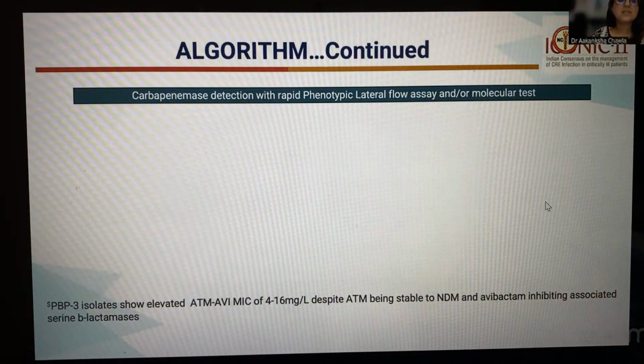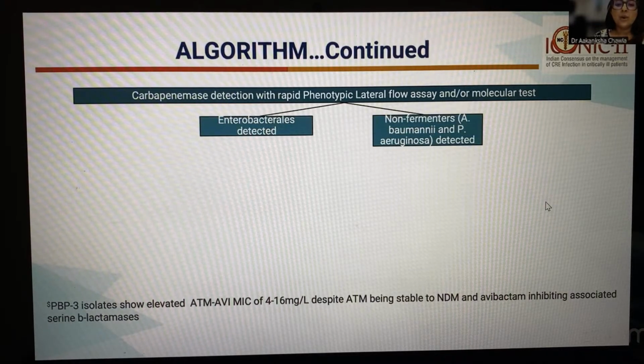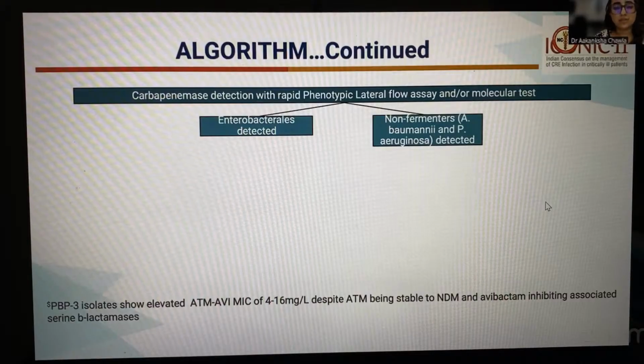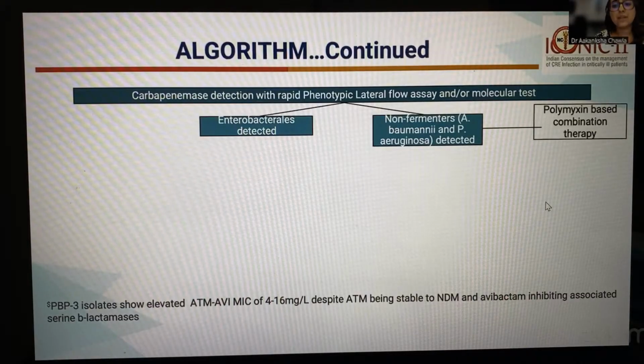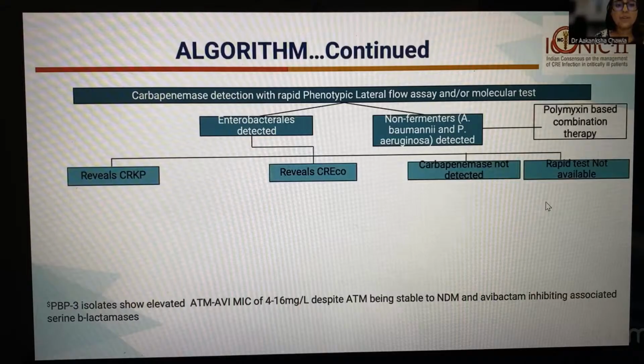So to summarize, when you have carbapenemase detection with rapid phenotypic lateral flow assays or molecular tests, you either have your Enterobacterales which are detected, or you have your non-fermenters like Acinetobacter or Pseudomonas. Now, for non-fermenters, we rely more on the polymyxin-based combination therapies like we just discussed. For Enterobacterales, it can be a carbapenem-resistant Klebsiella or a carbapenem-resistant E. coli.